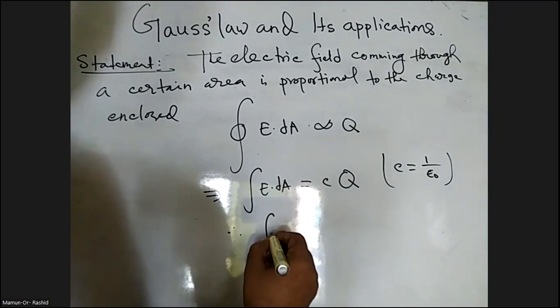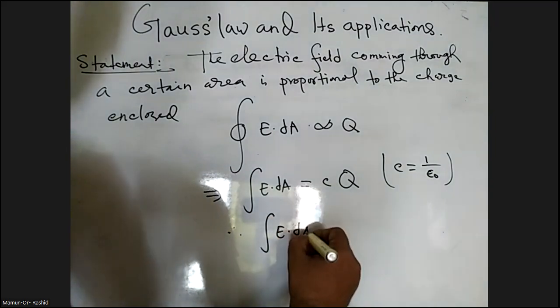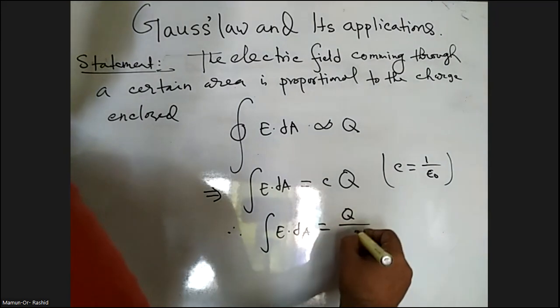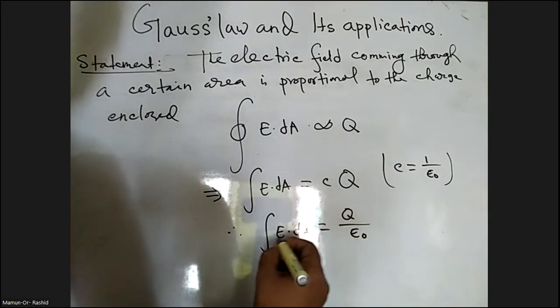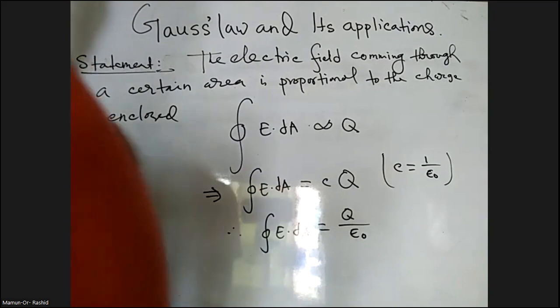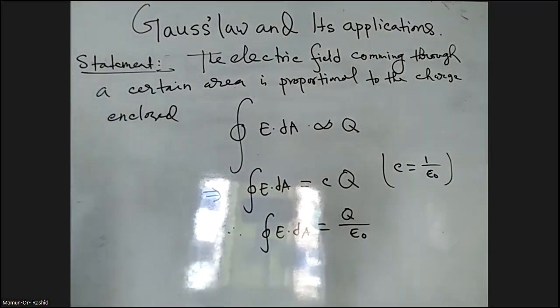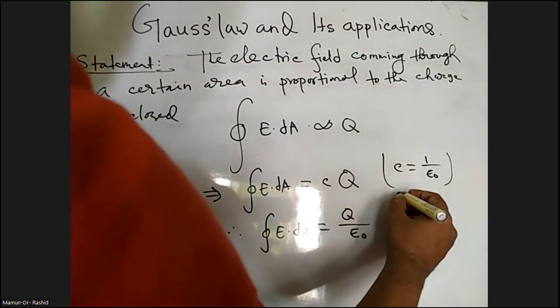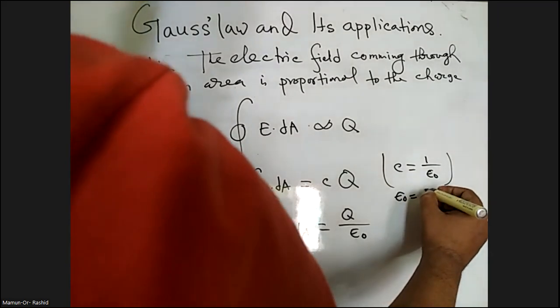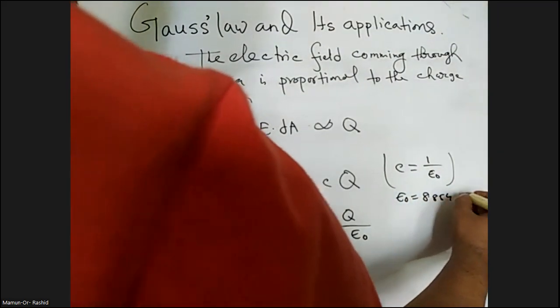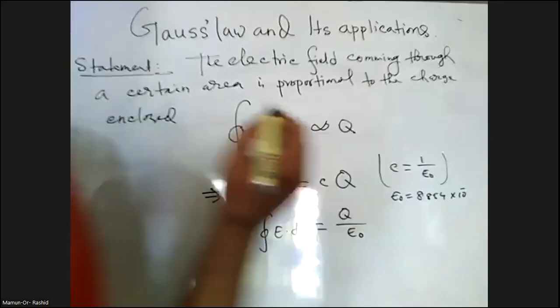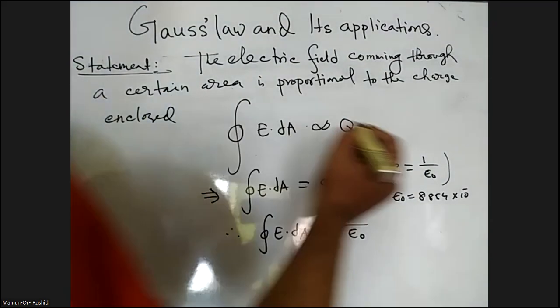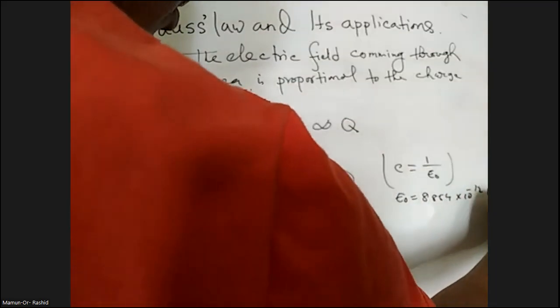So we can write this equals Q divided by epsilon naught, where epsilon naught is the permittivity constant, which equals 8.854 times 10 to the power minus 12 Newton meter squared per Coulomb squared.